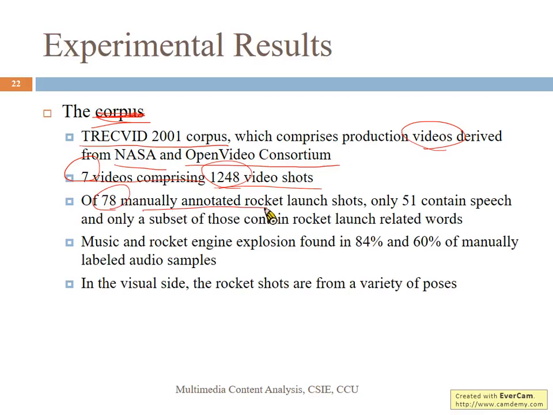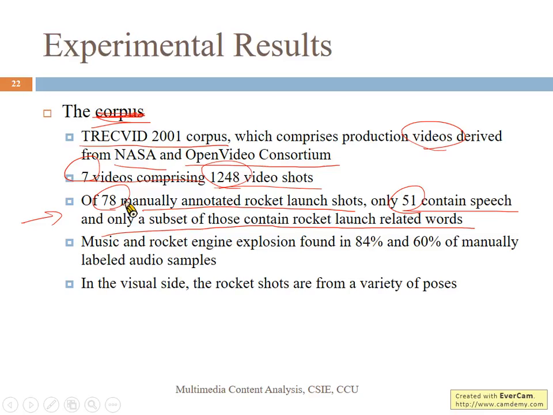Of 78 manual label rocket launch shots, only 51 contain speech, and only a subset of those contain rocket launch related words. This sentence is used to clarify that we may imagine that if there is always some anchor person speaking the status of the corresponding video, then how should we do the visual processing?